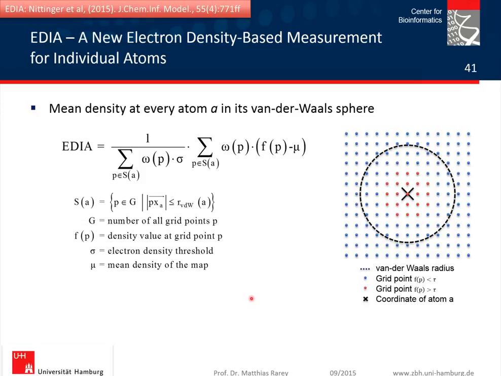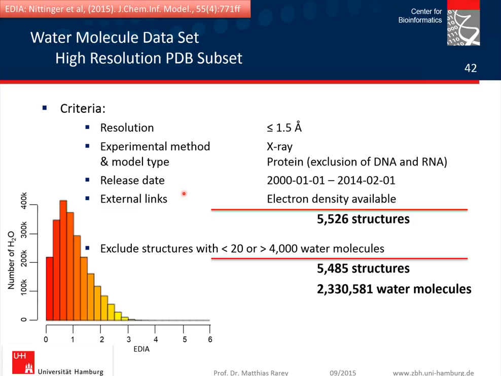More importantly, I want to show you what we have done with this. We have a collection of 5,500 protein structures from the PDB with certain criteria. They should be high resolution structures, and for us it was important to have the electron densities available. If you look at these structures, you find 2.3 million water molecules.